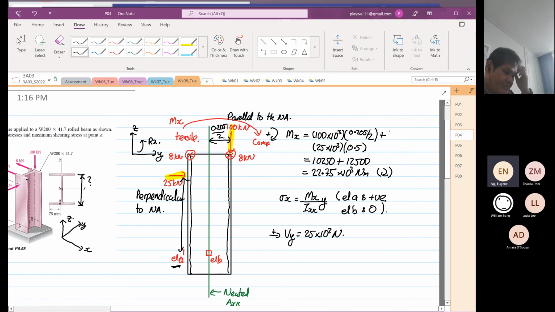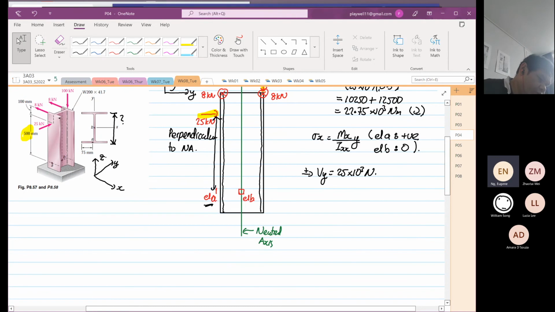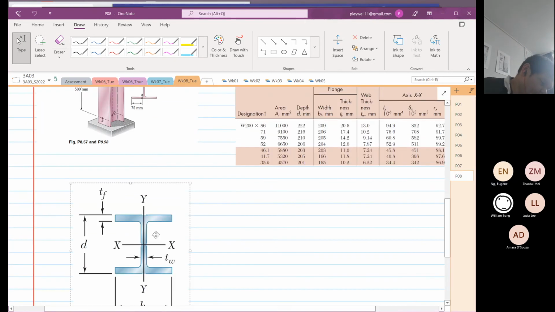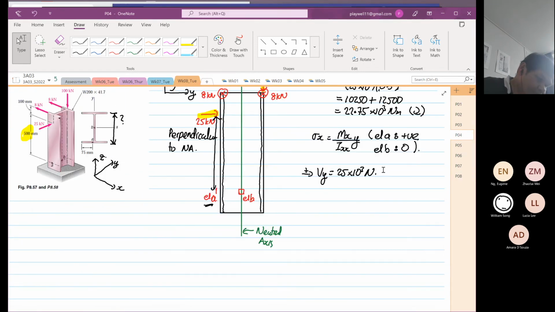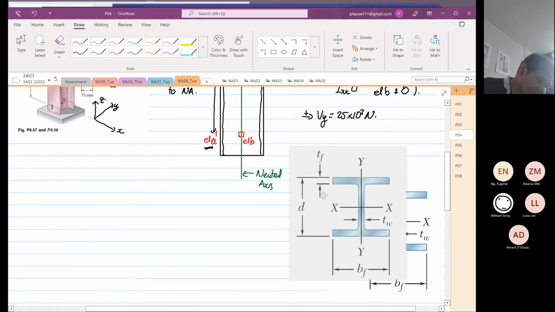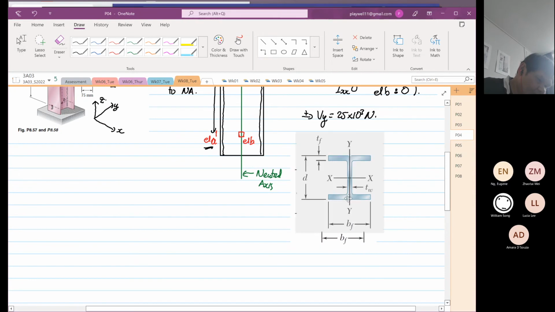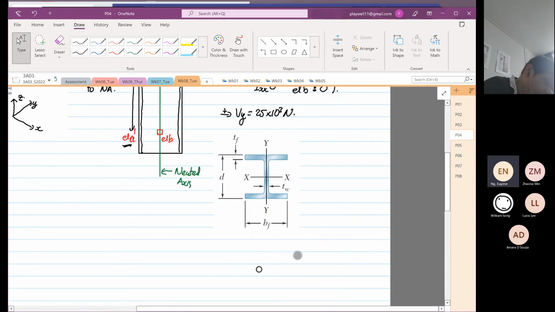Okay, now next we're going to analyze Vy. So again, for Vy, we're going to look at the cross-sectional view again. So I'm going to take this image. So we know that Vy is coming in this direction.